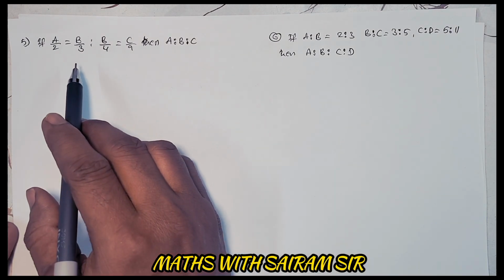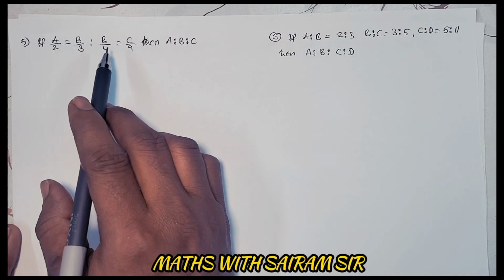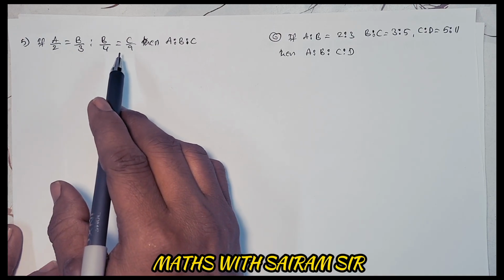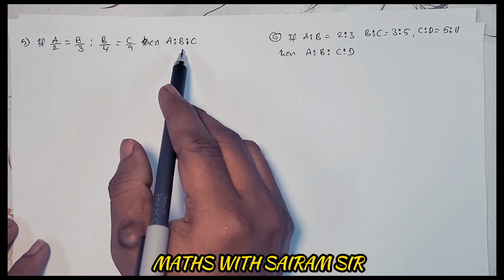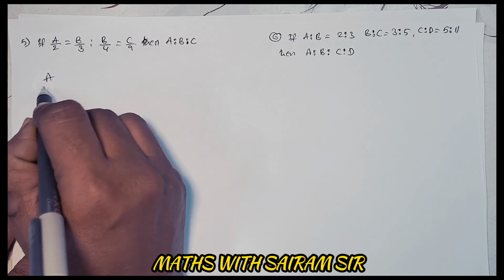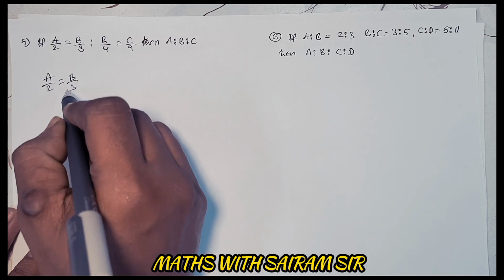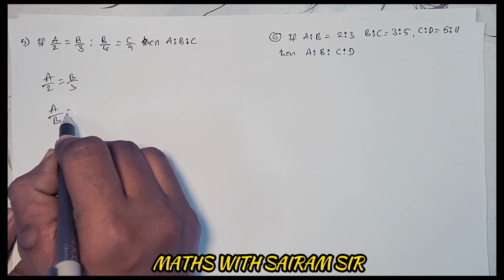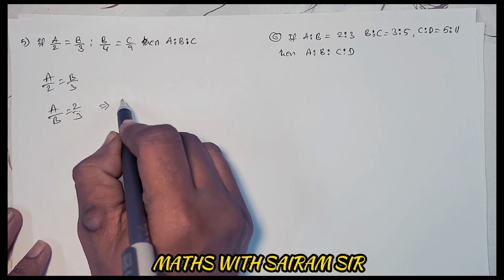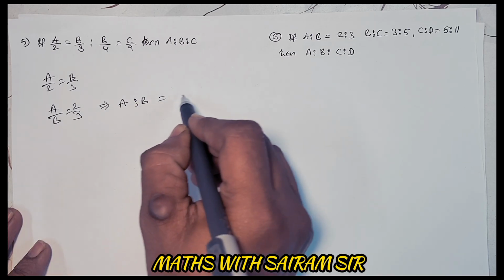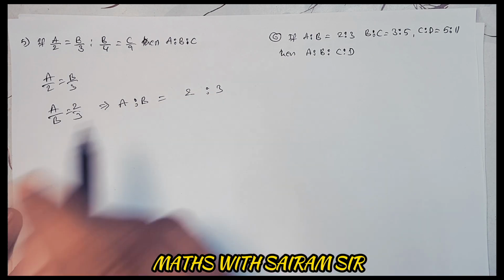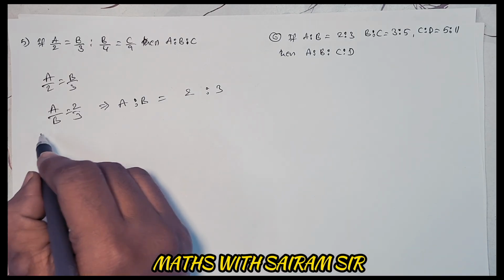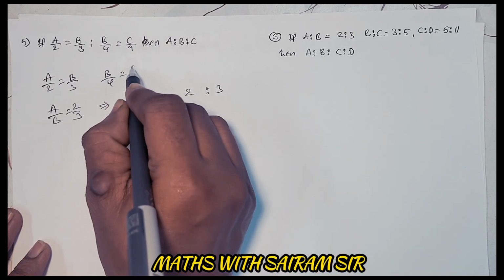If A by 2 is equal to B by 3 and B by 4 is equal to C by 9, then we are asked to find out A is to B is to C. If we have given like this, A by 2 is equal to B by 3, from this we can write A by B as 2 by 3. So we get it as A is to B in the ratio form, this can be written as 2 is to 3. In the same manner, we know that B by 4 is equal to C by 9.